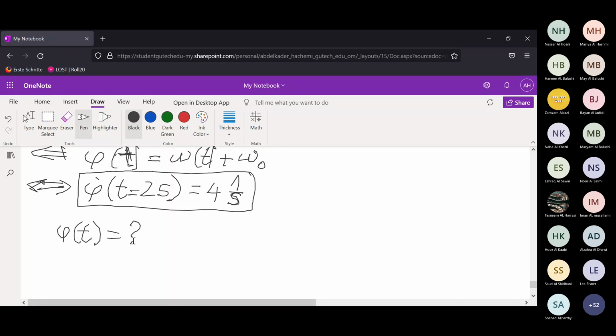Then what we have is phi dot here at time t, omega dot t plus omega 0. Then we integrate phi dot, we get phi.